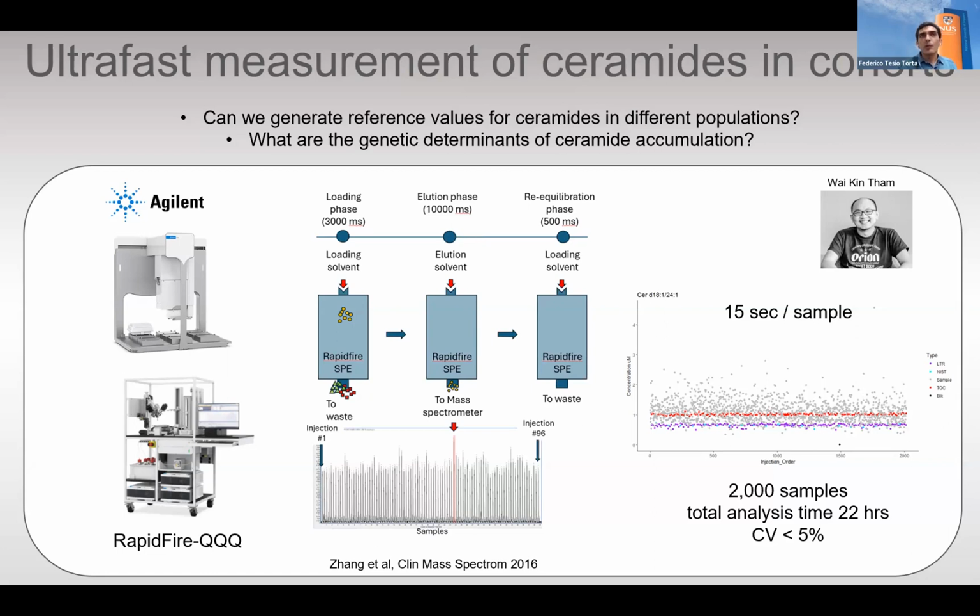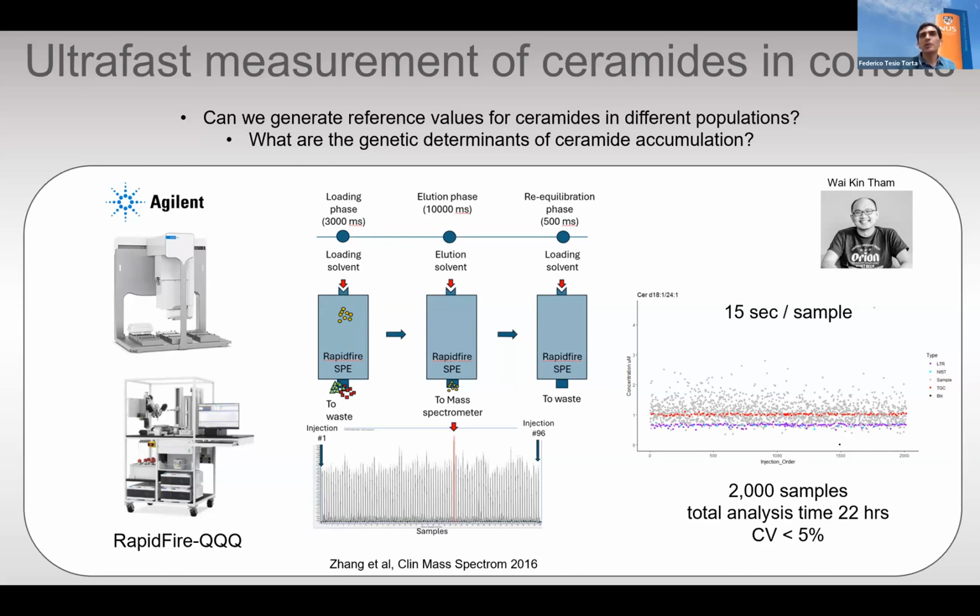Together with Whiting, one of our industrial PhD students with Agilent, we thought we had to reduce significantly the sample preparation and analysis time if we wanted to do these big studies more efficiently. So we integrated two solutions, a robotic system for sample prep and a RapidFire system connected to a triple quad for analysis. The RapidFire is an online SPE that operates at very high flow rates and allows us to analyze samples in a few seconds.